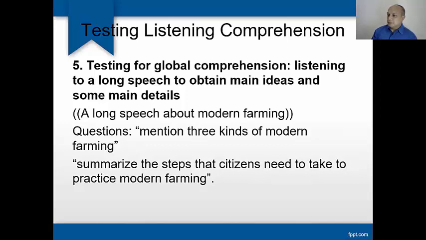This simulates the real demand in colleges or universities, where students have to listen to the professor's speech, make notes, and then answer some questions based on the speech that they have just listened to. So that's a kind of simulation of a modern college situation.